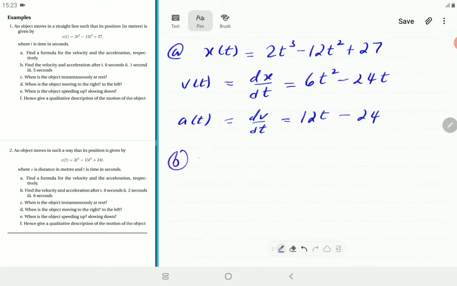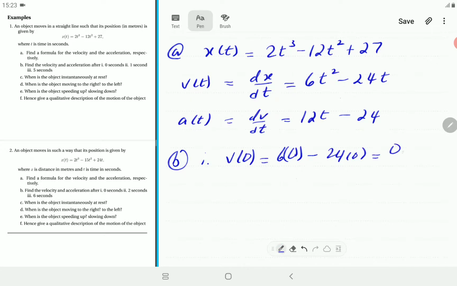Then in question B, part 1, we want the velocity after 0 seconds. So this is going to be the initial velocity. After 0 seconds, if we just plug 0 into this formula here, we can see that that is going to be 6 times 0 squared minus 24 times 0.